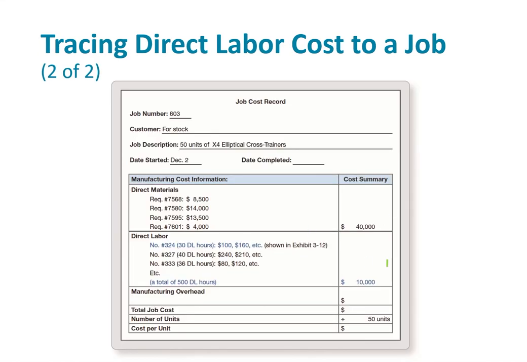Going back over this, we see this is the direct labor for December 2nd. It shows some of the other ones, and notice it says etc. down here because there's a total of 500 direct labor hours. And 500 direct labor hours at $20 an hour is $10,000. So we have direct material, $40,000, direct labor, $10,000.